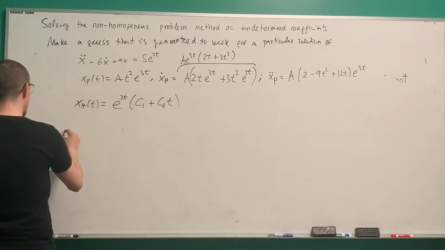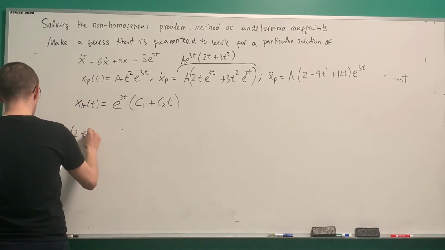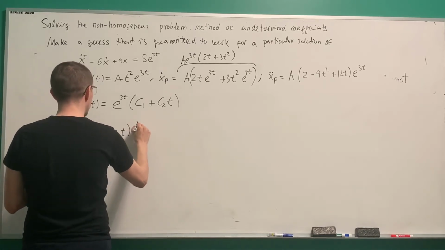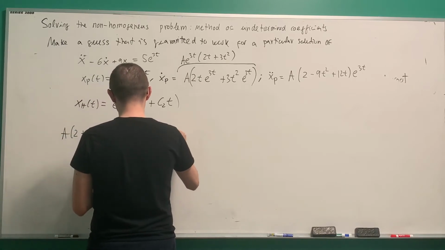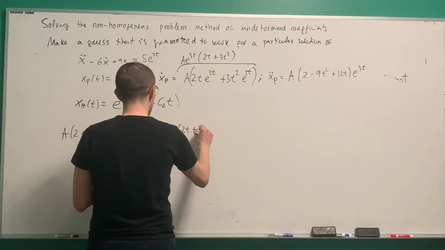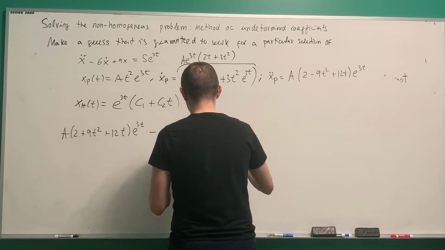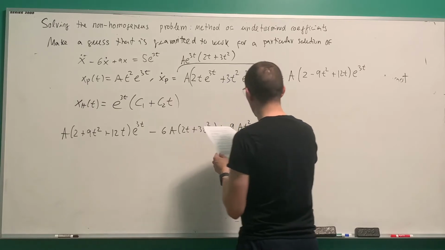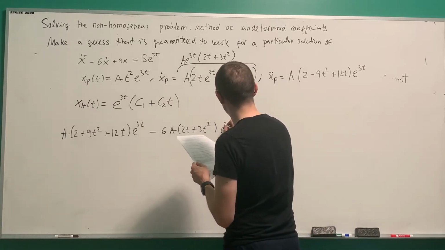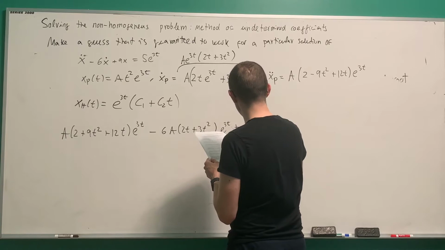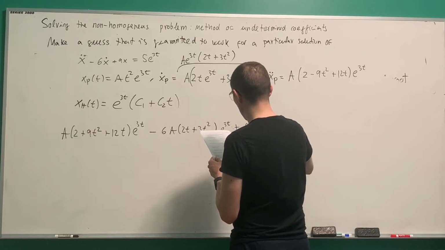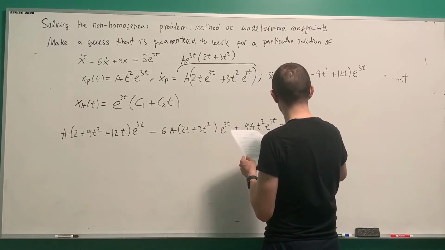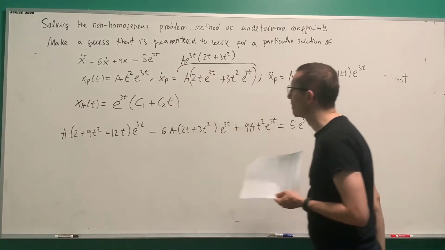If we plug it in, we get a that multiplies 2 plus 9t squared plus 12t, e to the 3t, minus 6a times (2t plus 3t squared) e to the 3t, plus 9a t squared e to the 3t, equals 5 e to the 3t from the right-hand side.